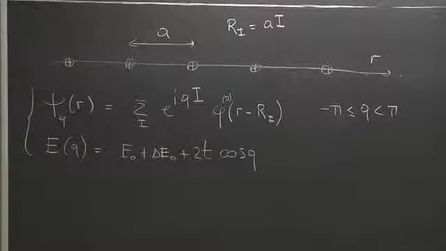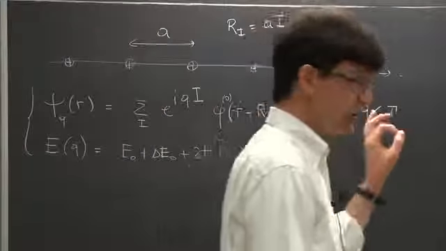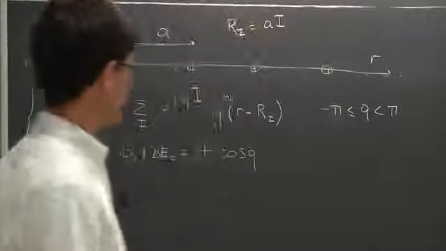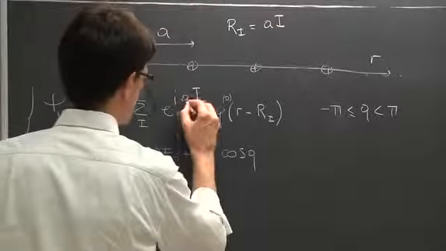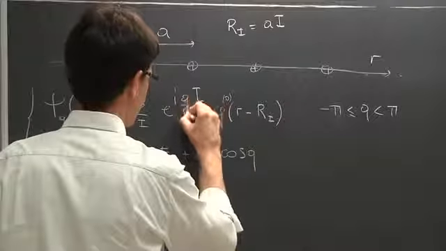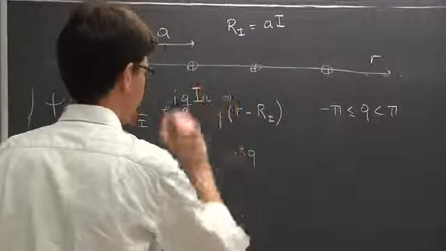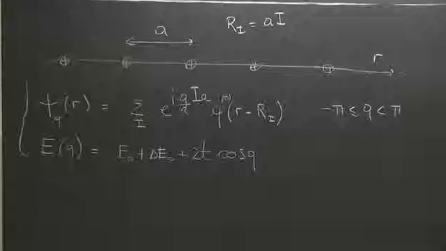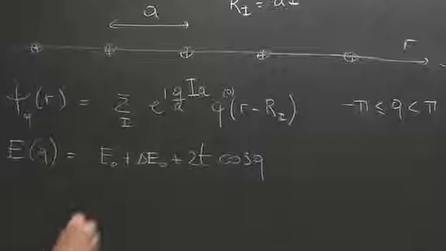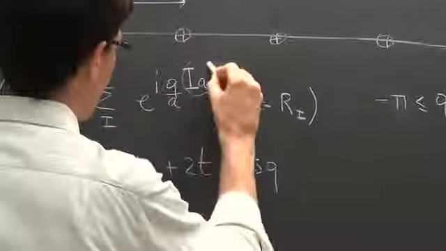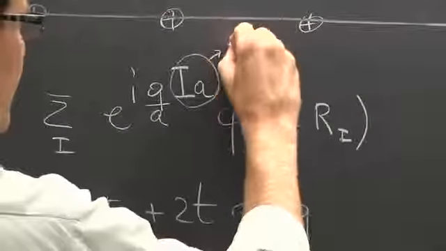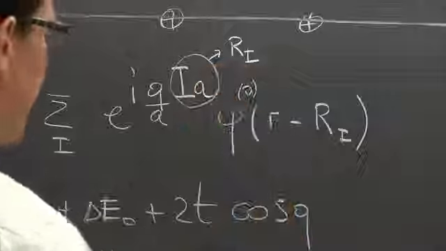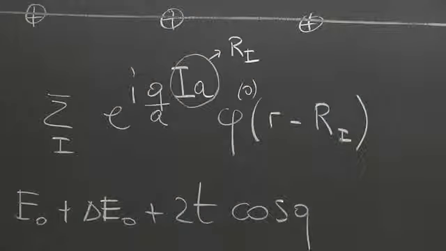Allow me now to make a slight change of variables, a very small one. What I'm going to do is divide this by A and multiply by A. I'm not changing anything, but what I'm extracting out is A times i, which is R i, by definition.